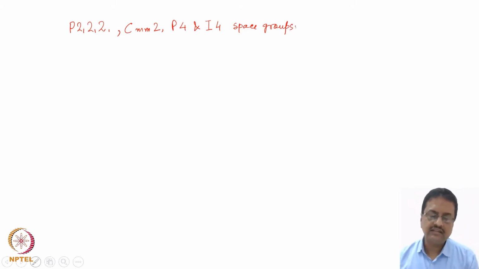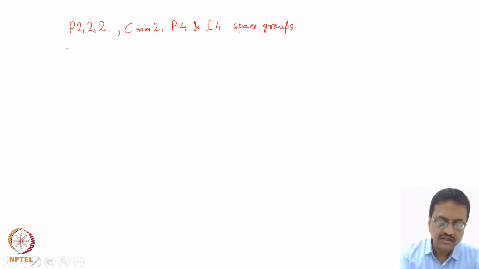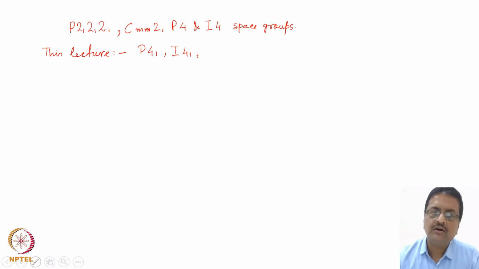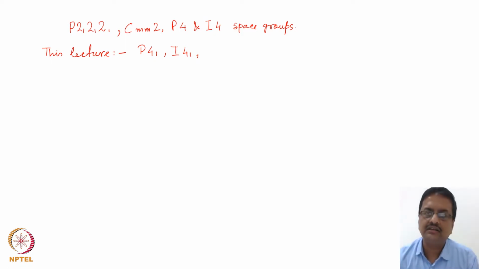So in this lecture, we are going to discuss a few important space groups. We will first talk about P41, then elaborate to I41, and compare the similarity and difference between P41 and I41.